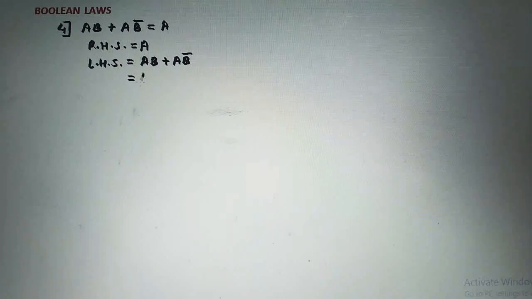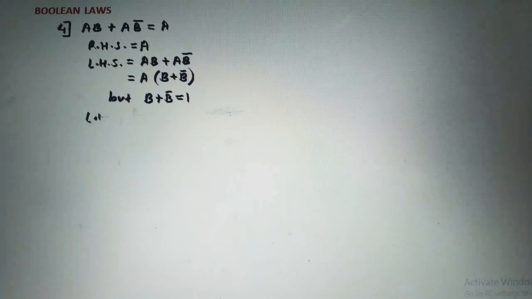Now we are taking A common here, so in bracket it is B plus B bar. Now we know the OR law, that is B plus B bar is equal to 1. So if we substitute that, then LHS is equal to A dot 1. So A dot 1 is equal to A according to AND law.